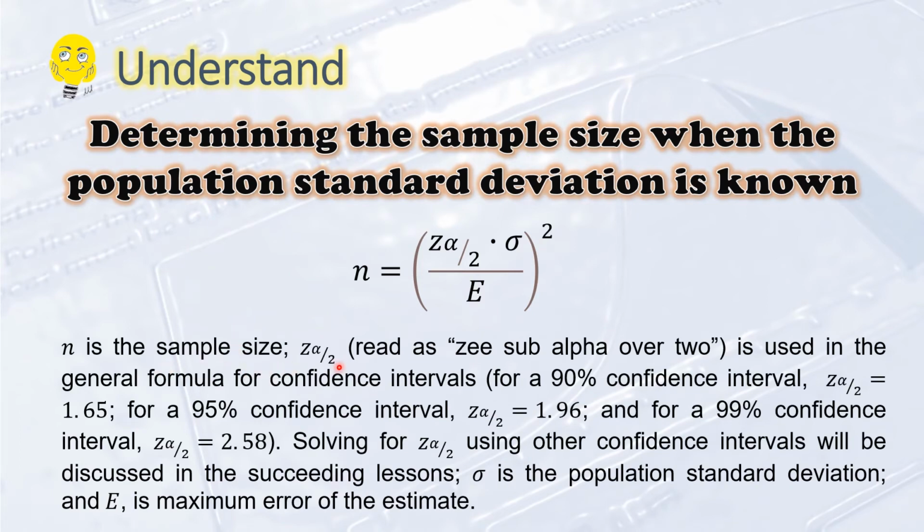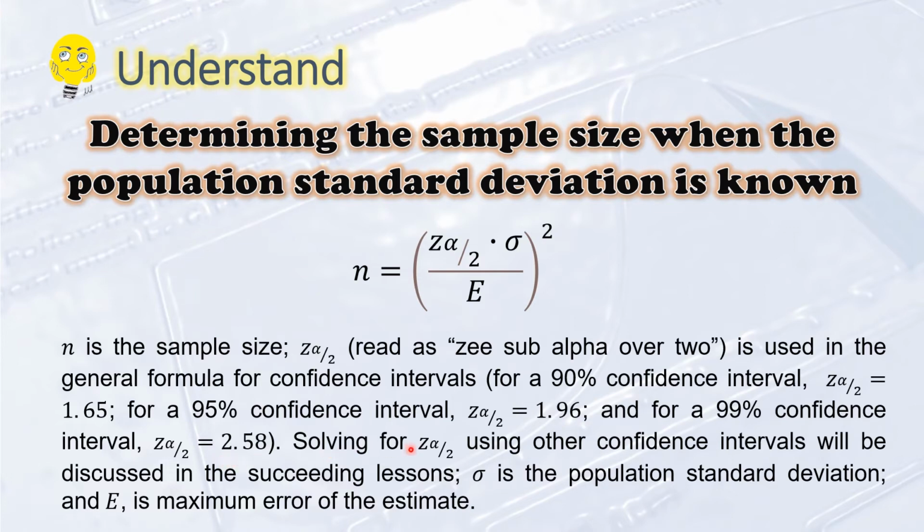Z sub alpha over 2 is used in the general formula for confidence intervals. For a 90% confidence interval, z sub alpha over 2 is 1.65. For a 95% confidence interval, z sub alpha over 2 equals 1.96, and for a 99% confidence interval, z sub alpha over 2 equals 2.58.